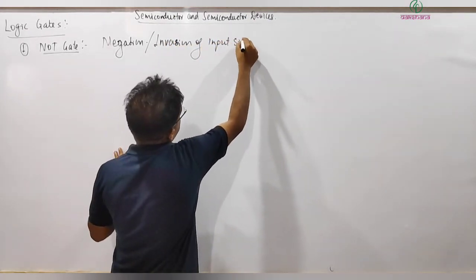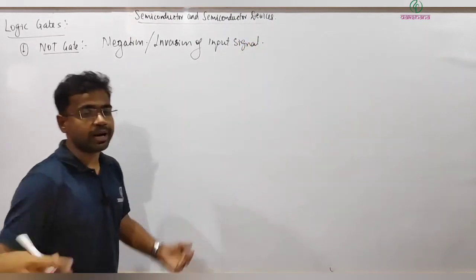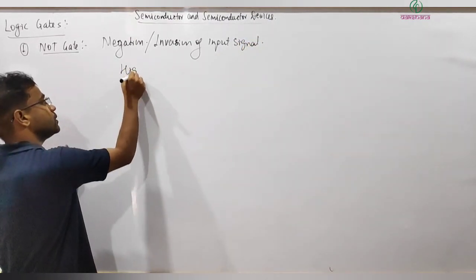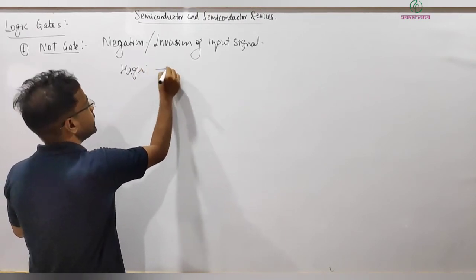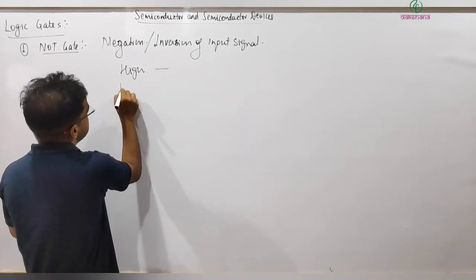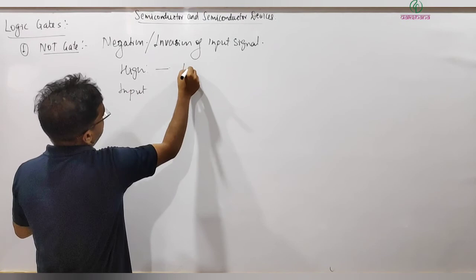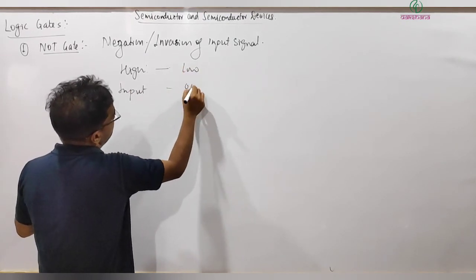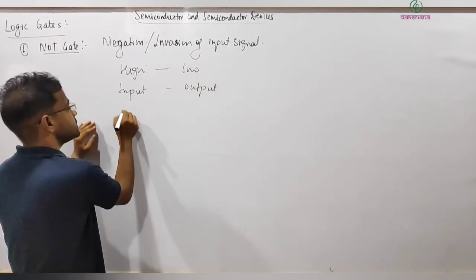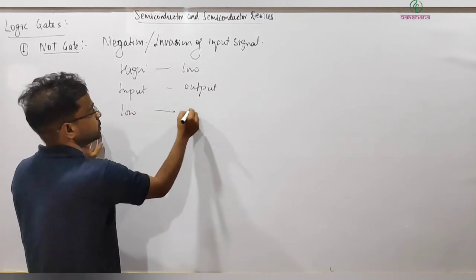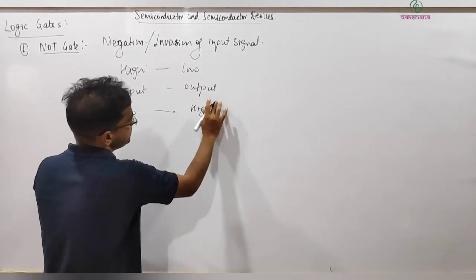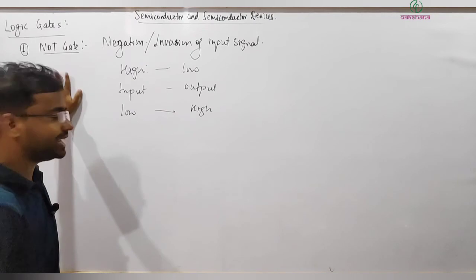So if you provide a high input, the output will be low, and vice versa. If we give a low input, the output will be high. This function is performed by the NOT gate.